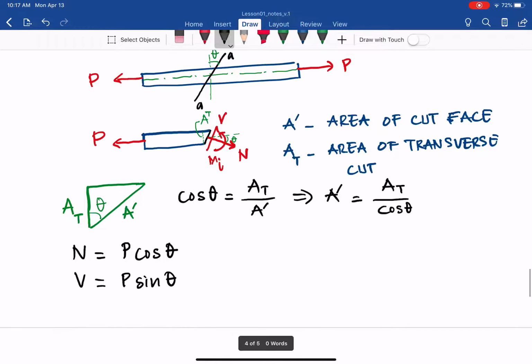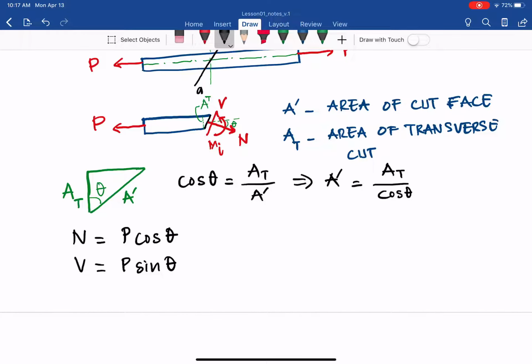And of course, for the axially loaded member, the internal bending moment MI is 0 for all axial members, because the load is applied along the longitudinal axis of that member.